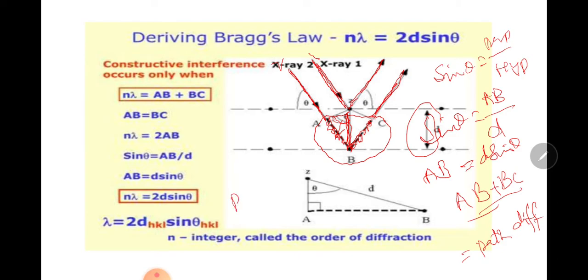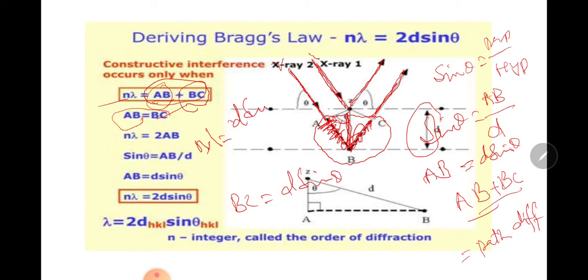Similarly, BC is also equal to d sine theta. These path differences are equal. So the path difference is equal to n lambda, so n lambda is equal to d sine theta plus d sine theta. So n lambda is equal to 2d sine theta, where n is an integer called the order of diffraction.